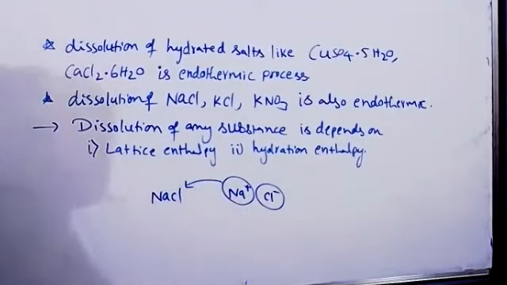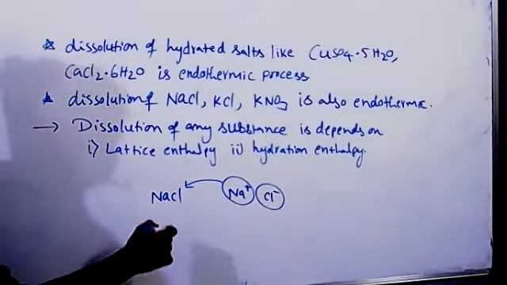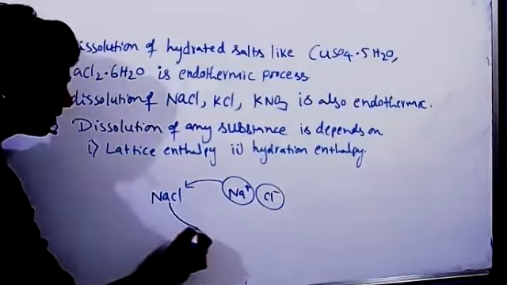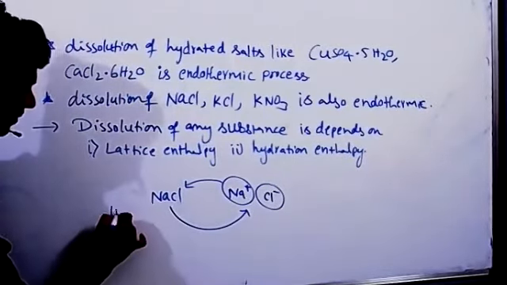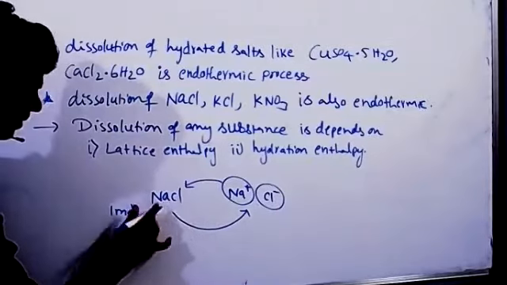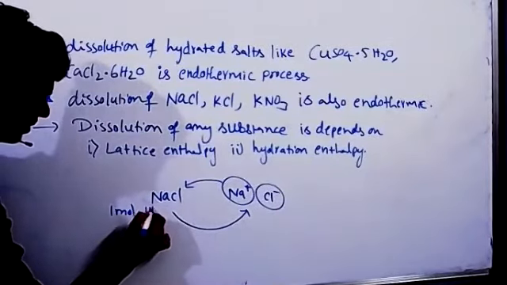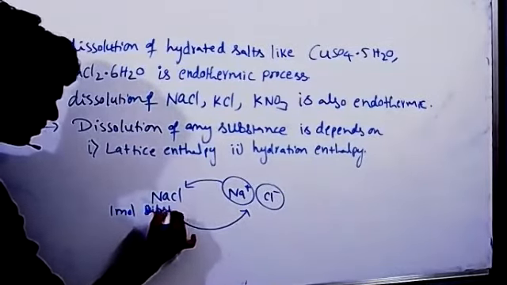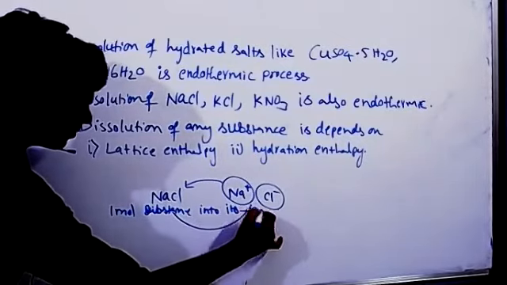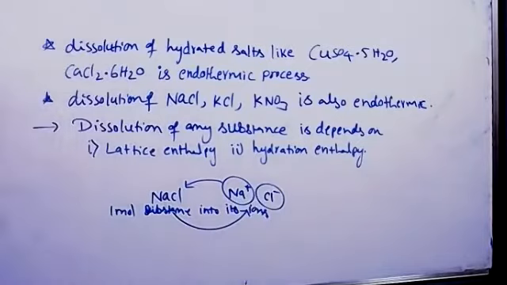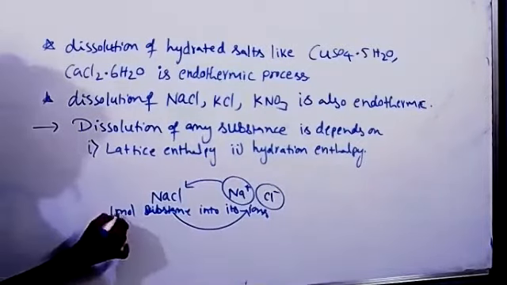In another way, we can define it as the amount of energy required to convert one mole of substance into its ions. That's called lattice enthalpy, and we are proceeding with this definition.